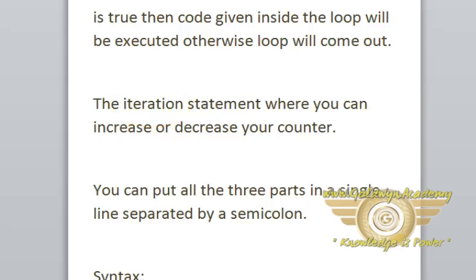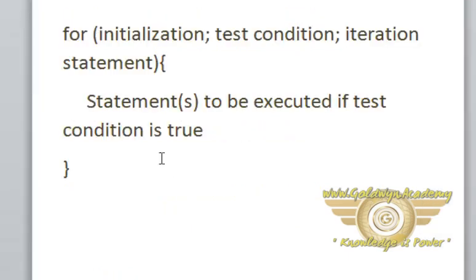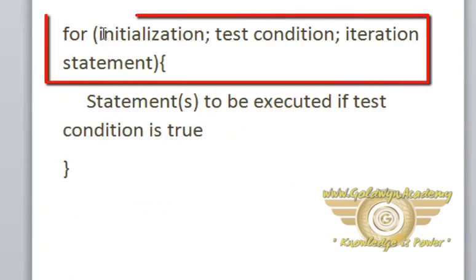You can put all the three parts in a single line separated by semicolons. Here is the syntax of the for loop. First is initialization, where we can initialize any local variable. Here is the test condition. It checks whether the condition is true or false. If the condition is true, then the statement will be executed.